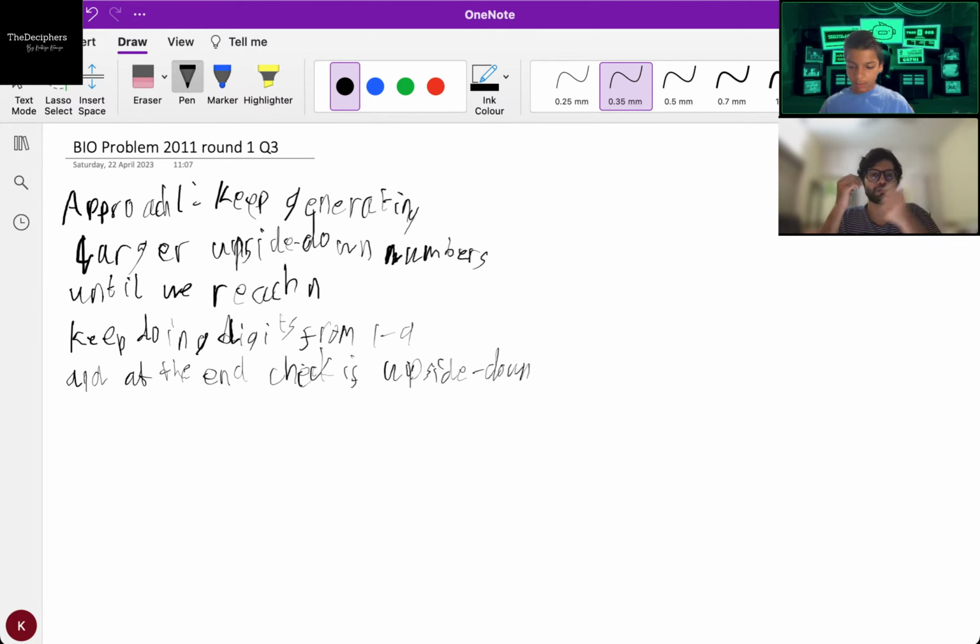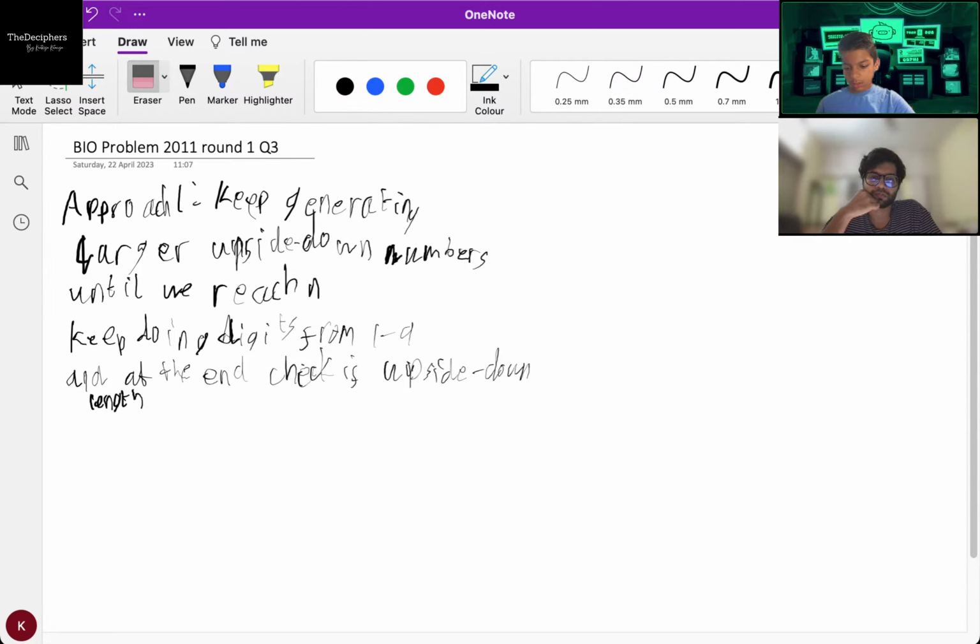So the time complexity of this would be 9 to the power of the length, and wait, actually, I think it might be order of n because we keep going up to n.